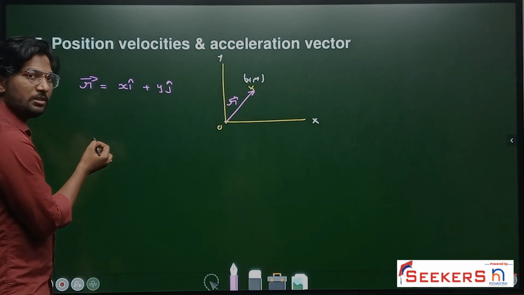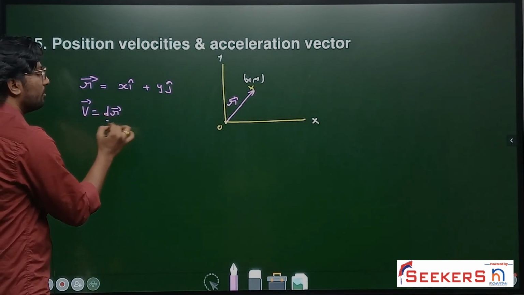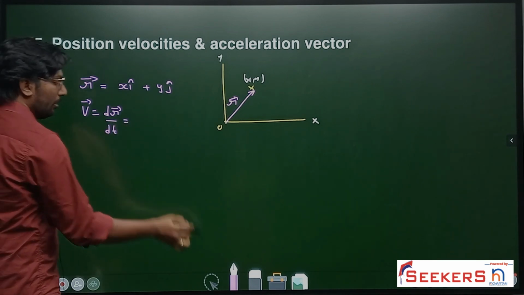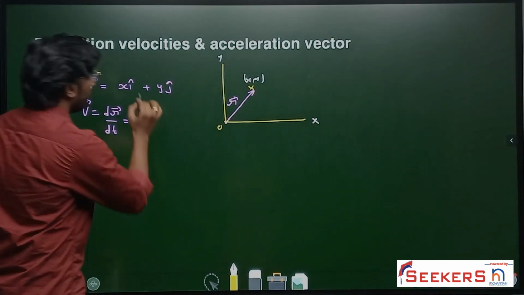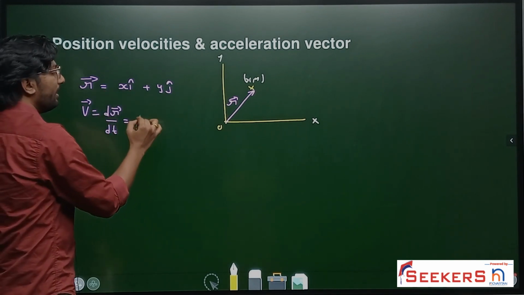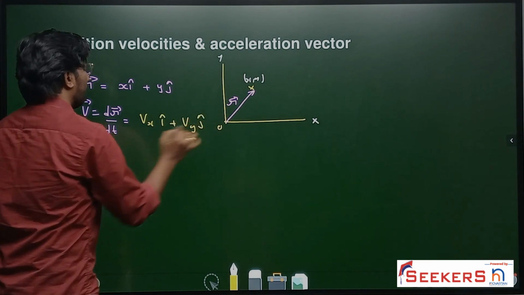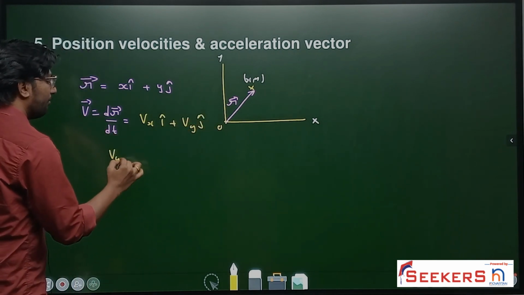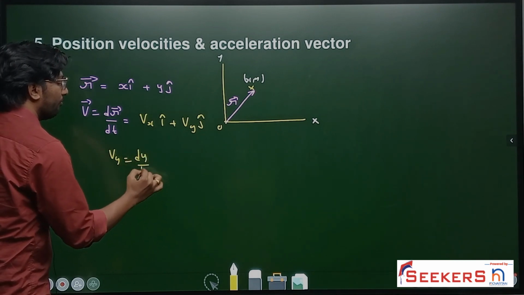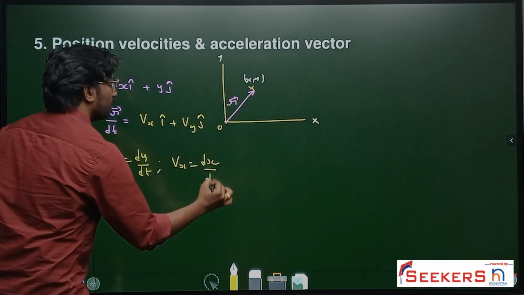You want to find velocity vector, differentiate the position vector with respect to time. We have learned this already. You differentiate the position, you will get the velocity. So if you differentiate this, you will get Vx i cap and then Vy j cap, where Vy is differentiation of y position and Vx is differentiation of x position.